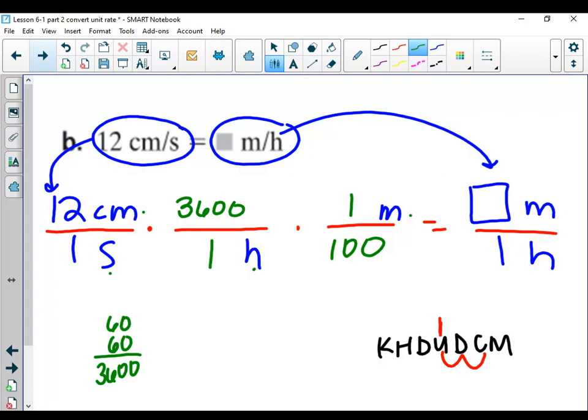Now I can simplify if I wish, or go straight across.